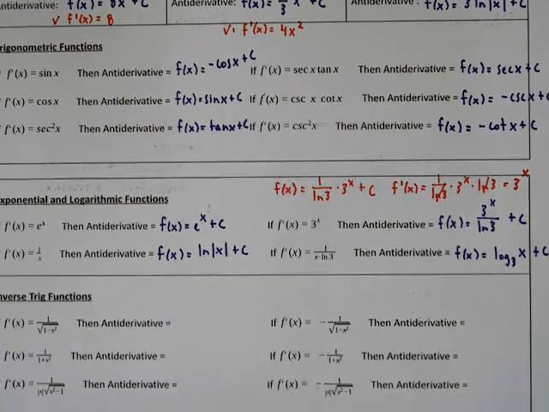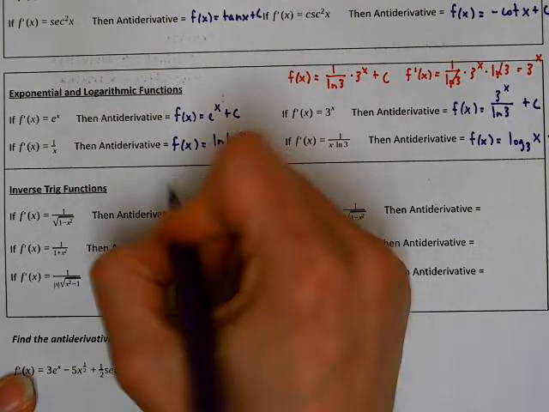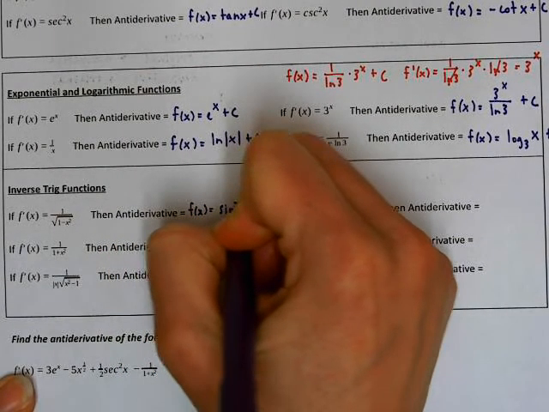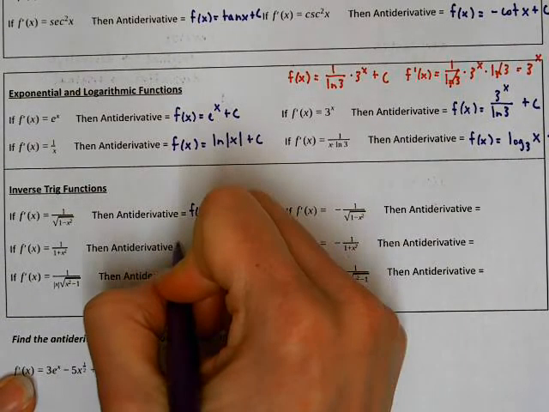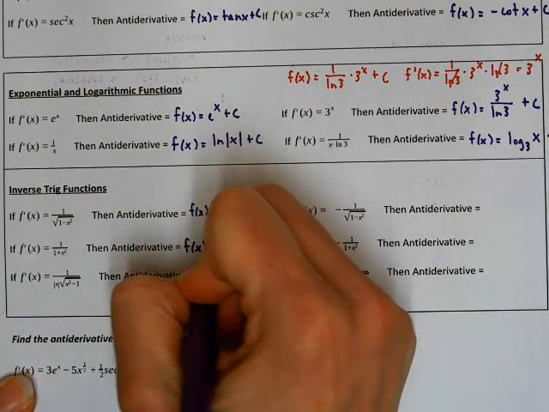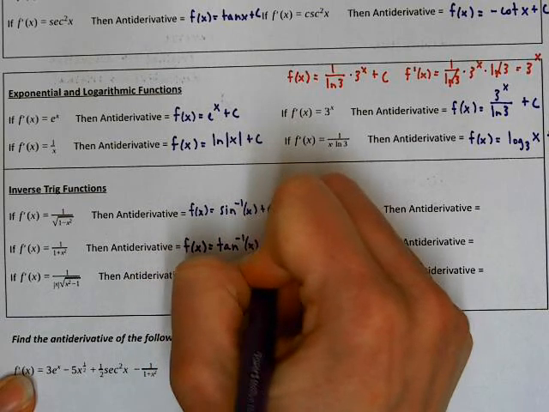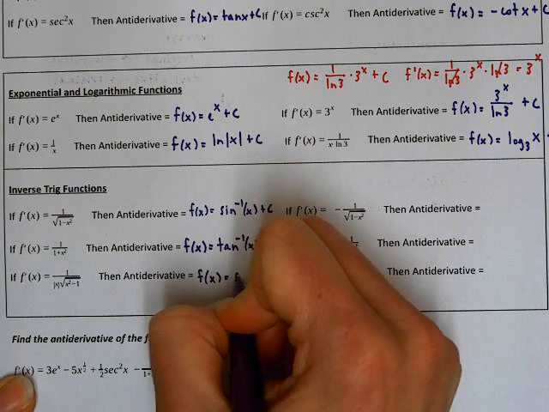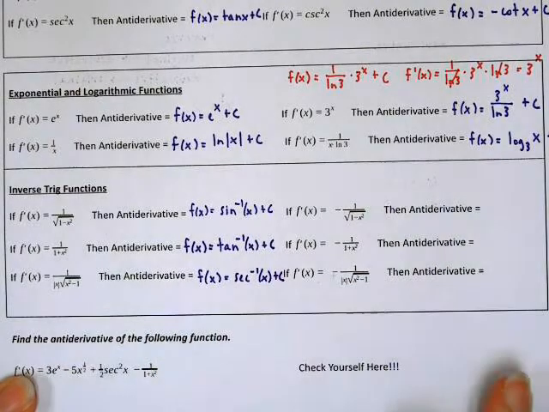All right, last bit we've got here is our inverse trig functions. This one, hopefully we recognize, is inverse sine of x plus c. This is our inverse tangent of x plus c. And we've got our inverse secant of x plus c. Sorry for the crowding in there.